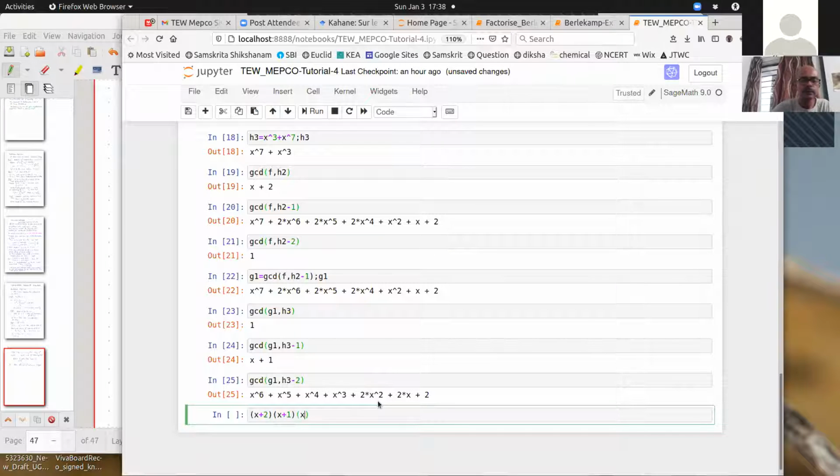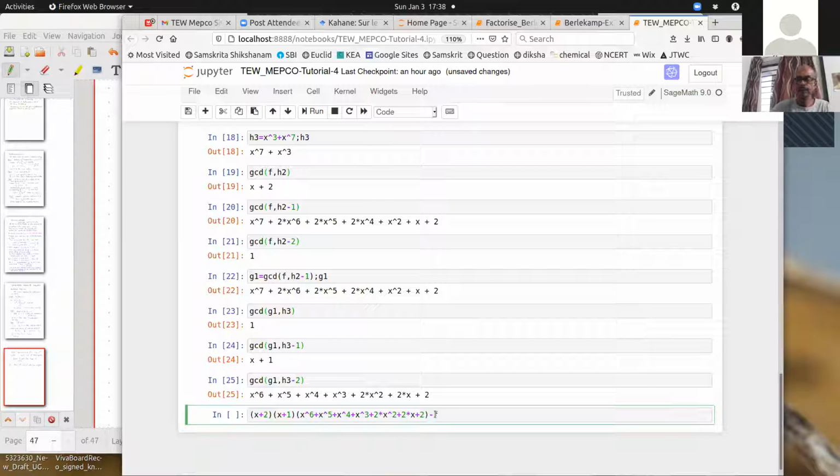Let me write that as well: x to the 6 plus x to the 5 plus x to the 4 plus x to the 3 plus 2x squared plus 2x plus 2. So just trying to write this. Yes.